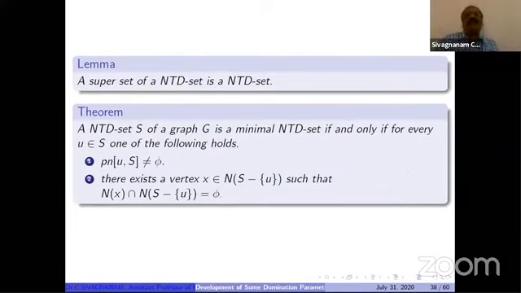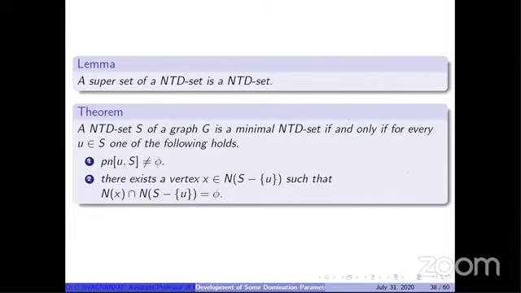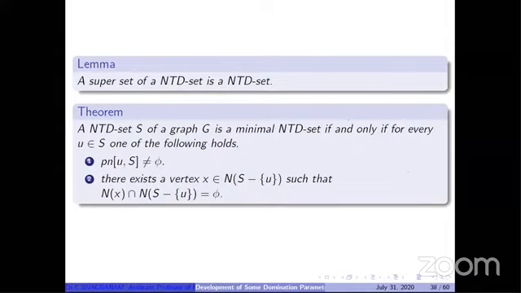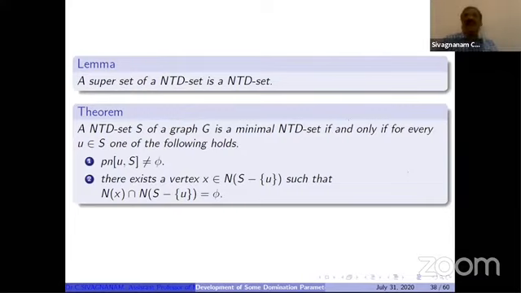N of S contains no isolated vertex. From S, I am removing one vertex, U. Then that neighborhood set must contain an isolated vertex. Okay, so this is the minimality condition. This is the style: for any domination parameter, we check the minimality condition, sometimes the maximality condition.